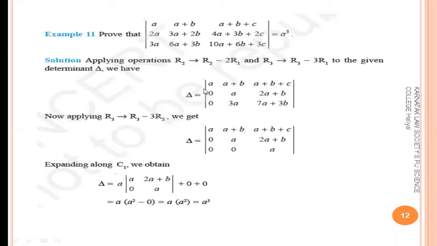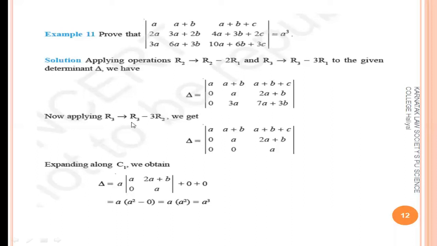In the second row, R2 minus 2R1, you will get the first element as 0, and the second one is 3A plus 2B minus 2 into A plus B. So 3A plus 2B minus 2A minus 2B: the 2B cancels, and 3A minus 2A gives A. Similarly, you will get 2A plus B, and from R3, the first element becomes 0, then 3A, then 7A plus 3B.